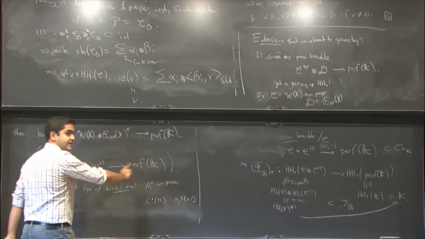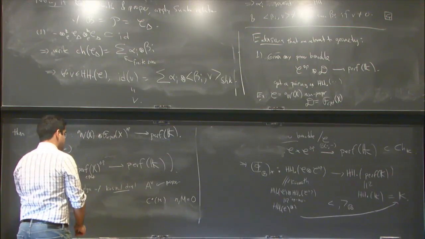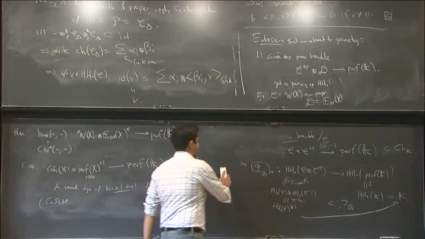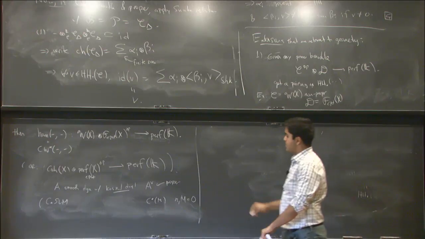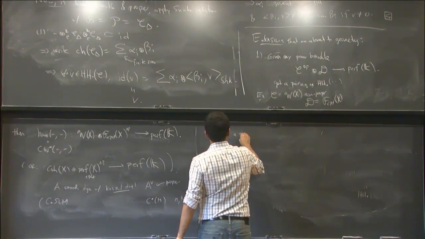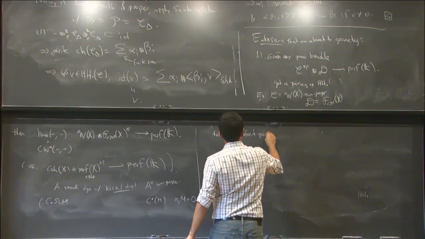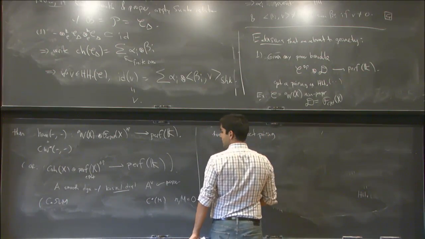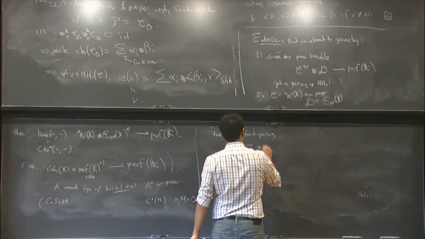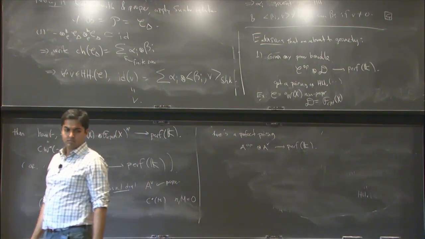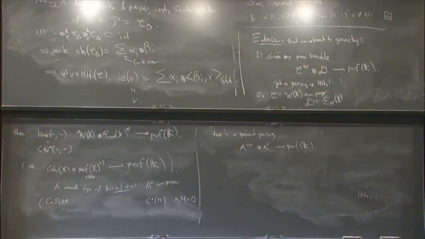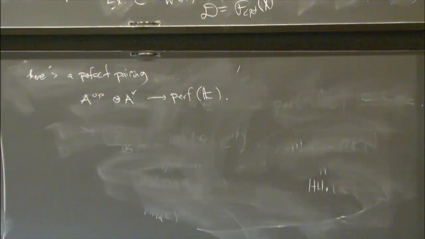Smoothness gets turned into properness and vice versa, and you can actually say that there's a perfect pairing. So there's always a pairing, and even more, when there's Koszul duality, it's perfect.